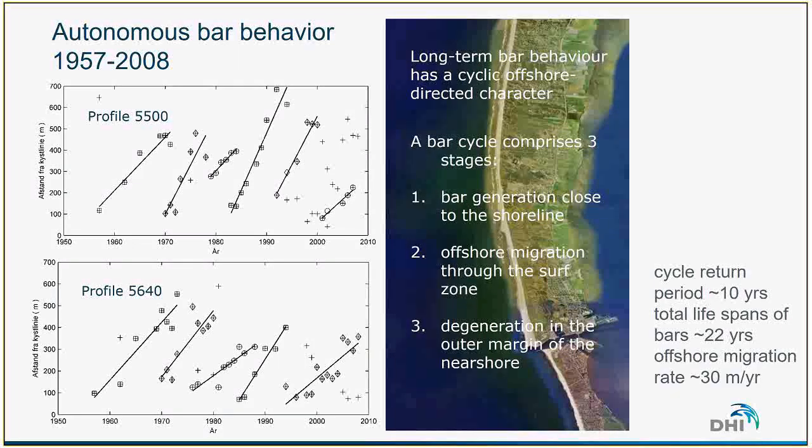What we found thanks to this analysis is that the bars were following a relatively stable cycle. Here we can see the evolution in time of the distance between the shoreline and the offshore bar, and we can see a relatively consistent behavior that has been identified in these two profiles.